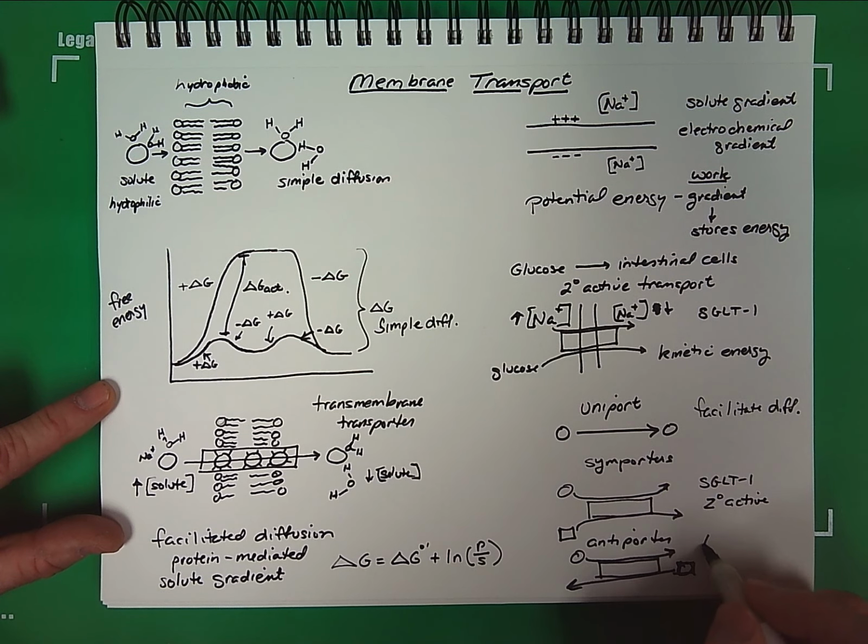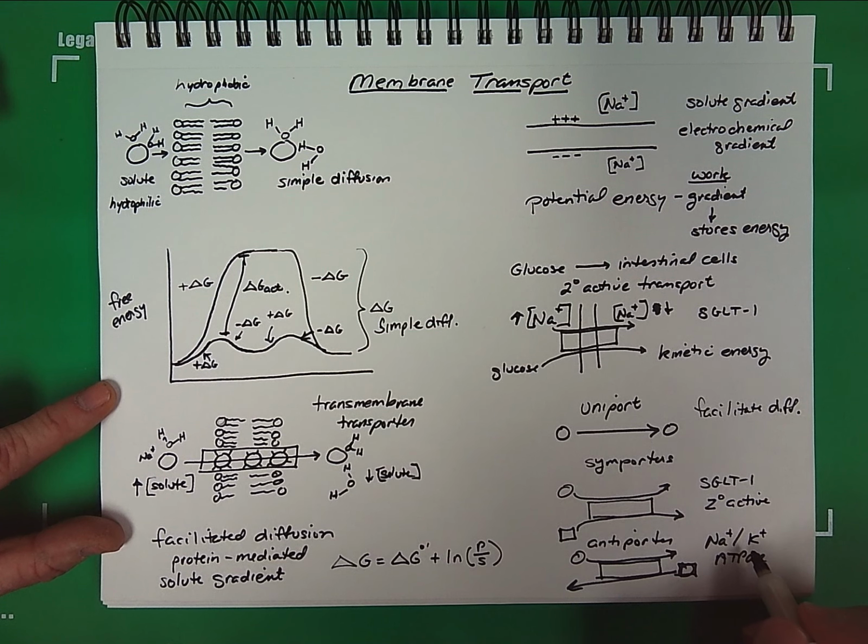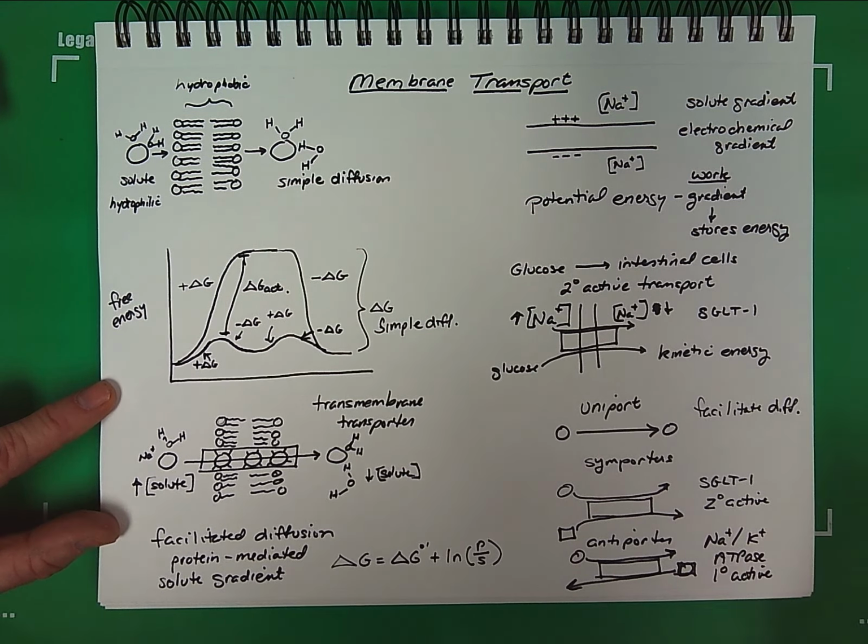And an antiporter is, as we have seen, a sodium-potassium ATPase. This particular transporter uses the hydrolysis of ATP to drive sodium and potassium in opposite directions and establish a gradient. So in this case, this is primary active transport.